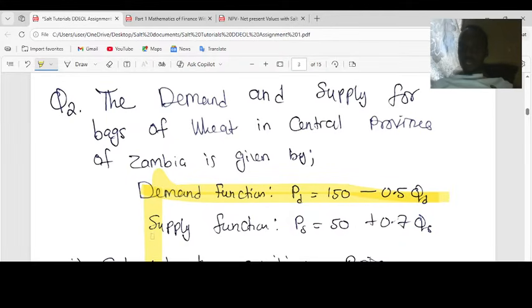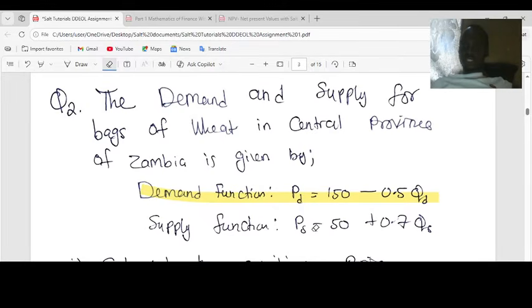But for the supply, on the other hand, what? It is positively related. It's more like the suppliers are telling you to say, we can't supply you these items if you don't have this amount of money. So we can only supply you if you have 50 kwacha or more.